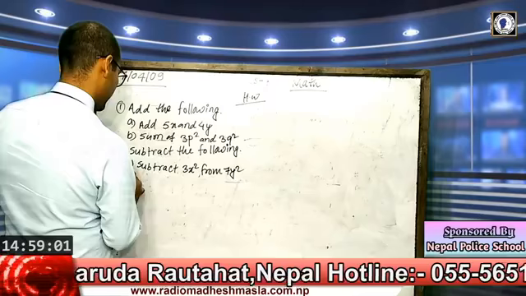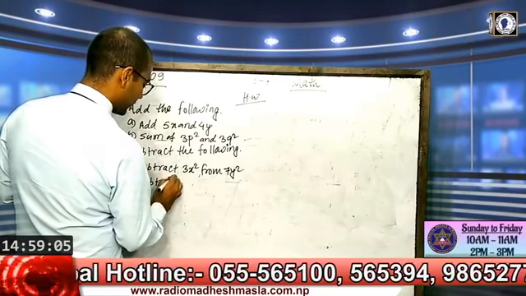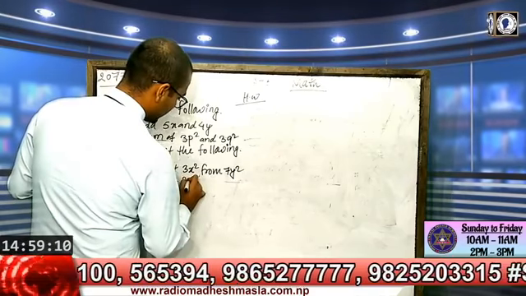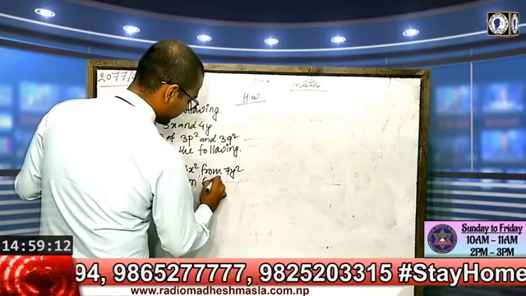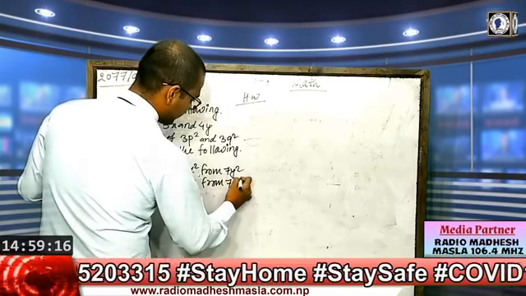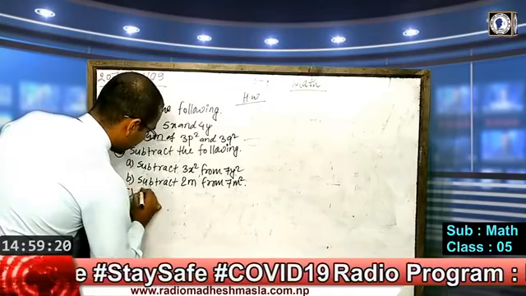Question number B, subtract 2m from 7m square.